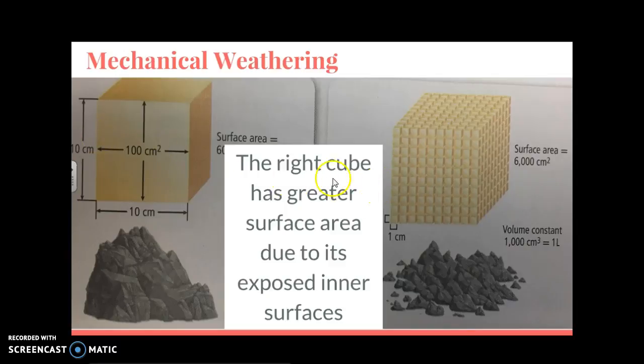This surface area is completely flat, but because this one has sections on each side of each one of these tiny little cubes, it's exposing its inner surfaces now, which increases this one's surface area.